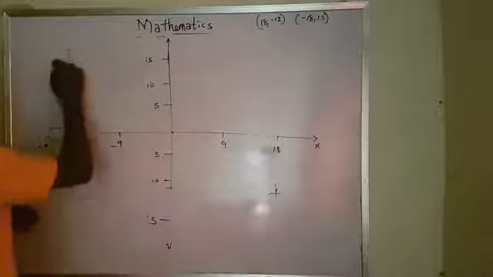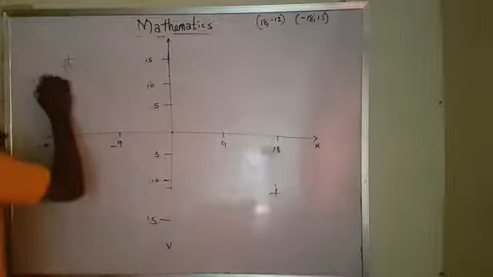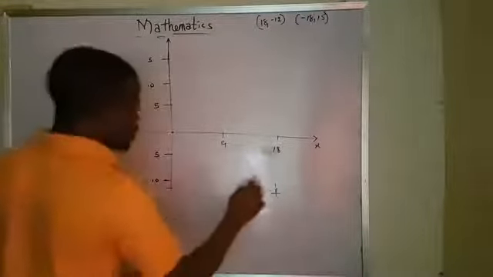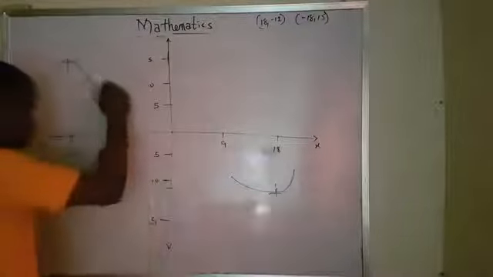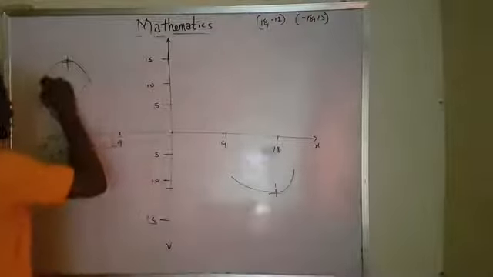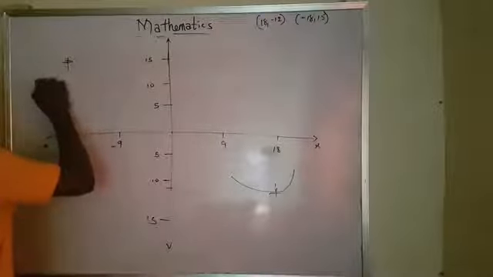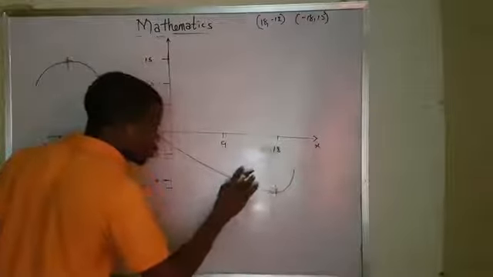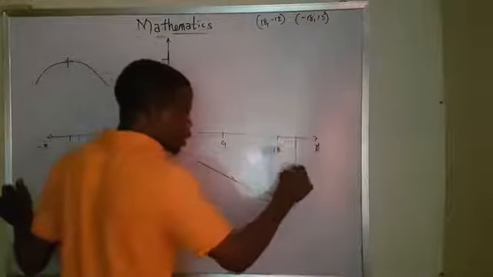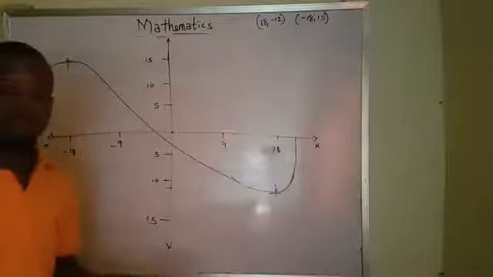So all I have to do, the first one, this gave me a maximum point, don't forget. So I can have a maximum point here. This gave me a minimum point. You see this? So I can just decide to join them. So I can have something like this. Do you see that? So this is exactly what we are supposed to sketch. This is what we are sketching. So you get the procedure.